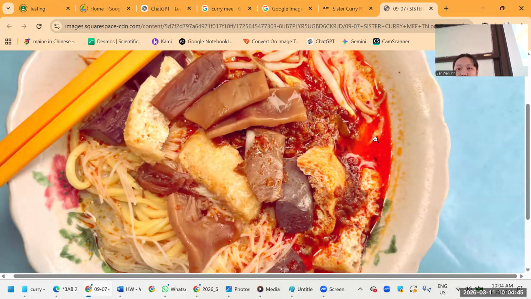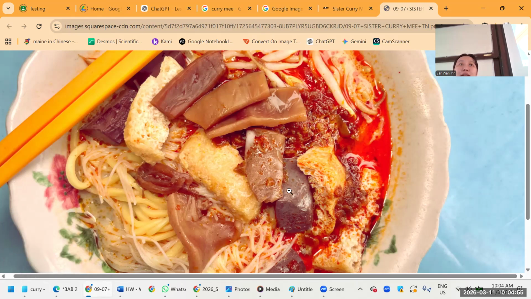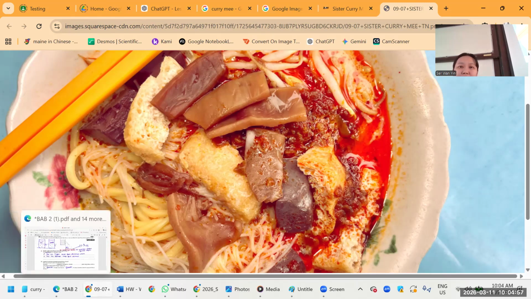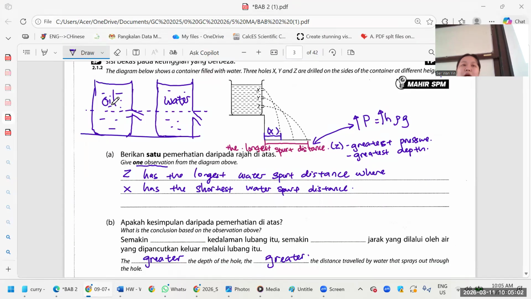Can you see what this is? So I say whatever oil. Sorry. 什么？Yeah, so how is the density of oil? Less than the density of water.